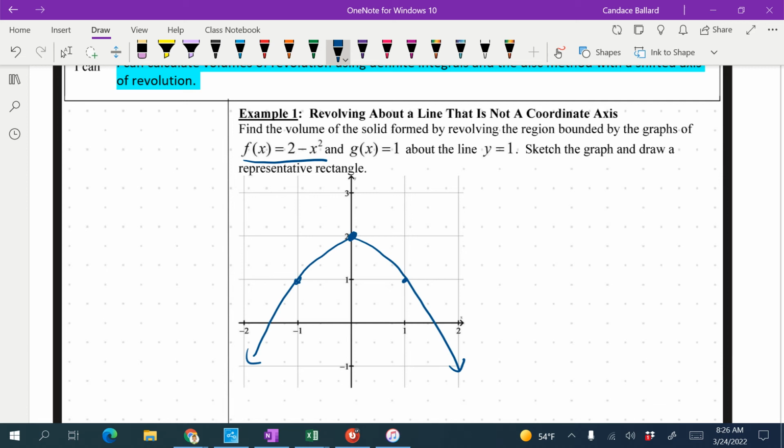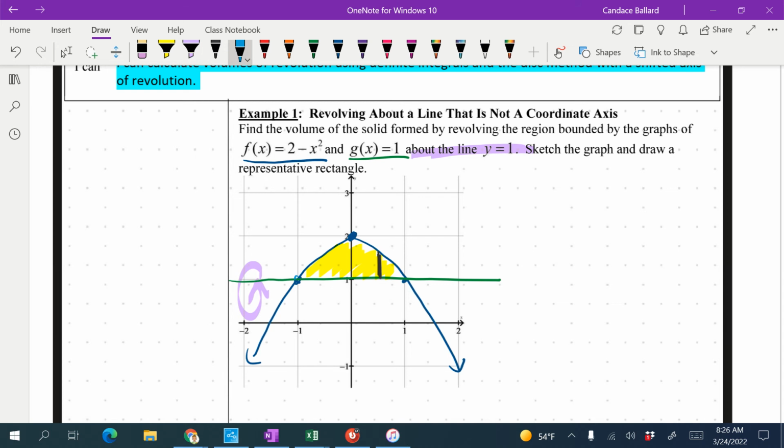And then I know that this is going to be a horizontal line at 1. So this is the region we're looking at. We know our representative rectangle, just to visualize this, would be like this. And then notice it says about the line y equals 1. So we're revolving about this line, meaning I am taking and spinning this yellow region around the green line.